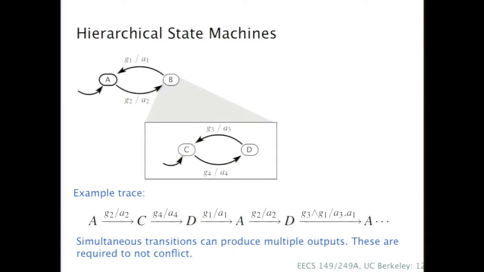I have to either go to C or D. Anytime I go from A to B, if I have a history transition, I have to remember where I left off. So there's more information. Just knowing that you're in A is not enough. If the only thing you know is that you're in state A, you're missing a piece of state information.